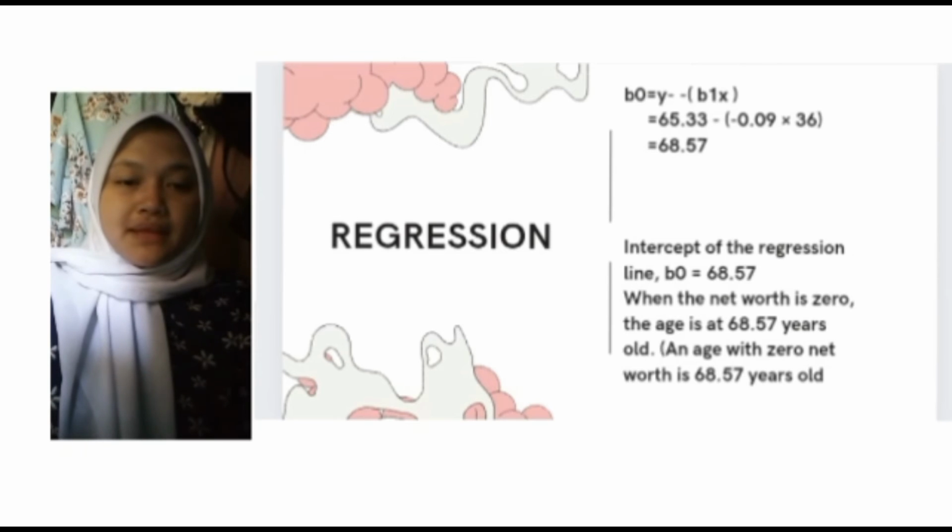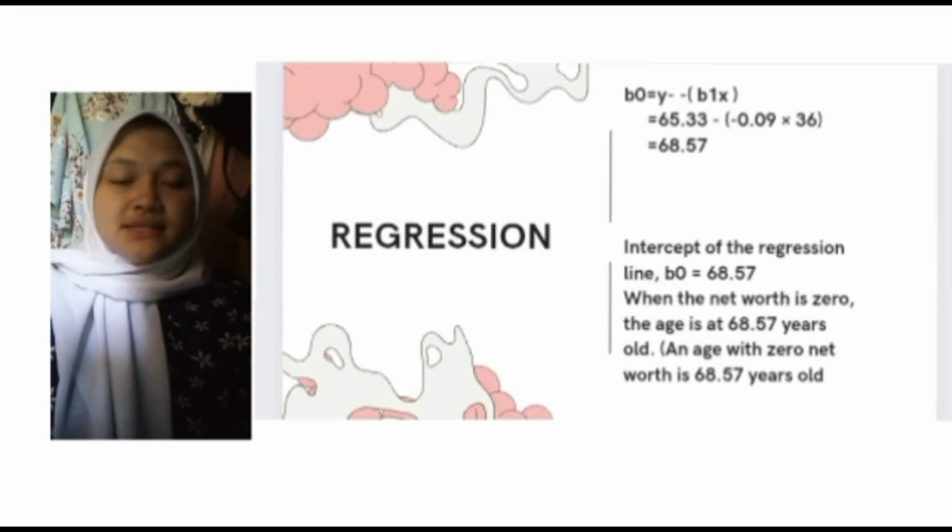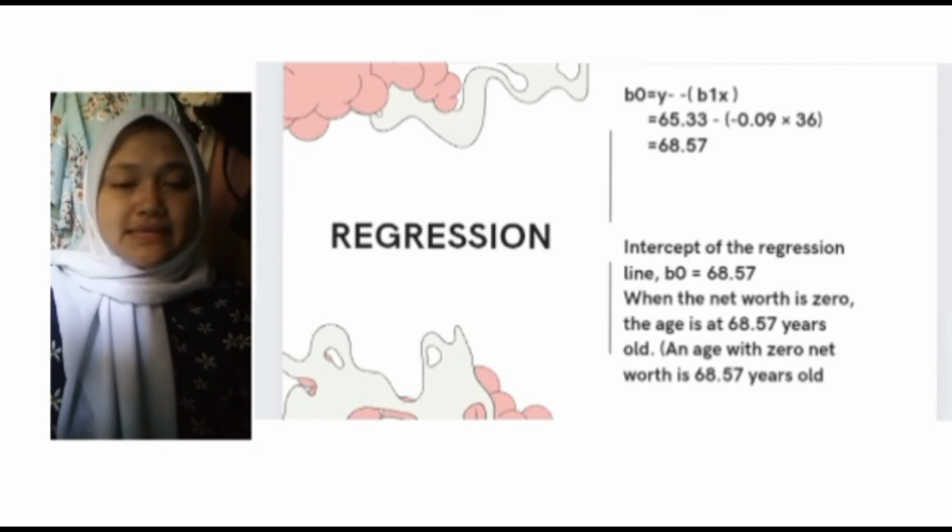For estimating the intercept, b0 equals y bar minus b1 times x bar: 65.333 minus negative 0.09 multiplied by 36, and we will get 68.57. So the intercept of the regression line b0 is 68.57.